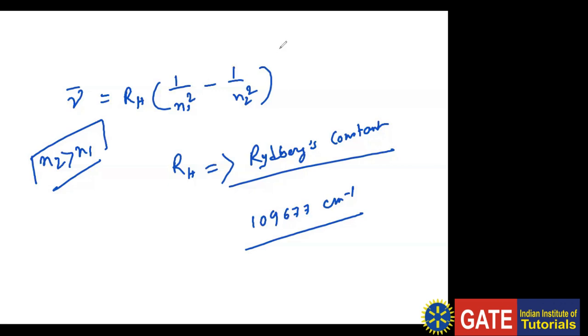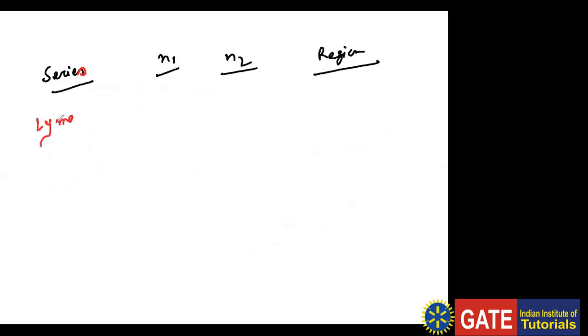Okay, just understood this, clear? Now note this down. This is called the series name, series, n1, n2, and region. Put up a heading. First is the Lyman series. Here n1 will be 1, and the electron goes from n2 up to infinity.